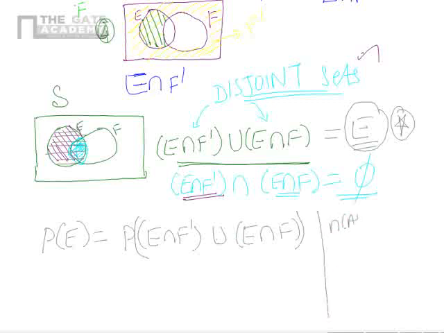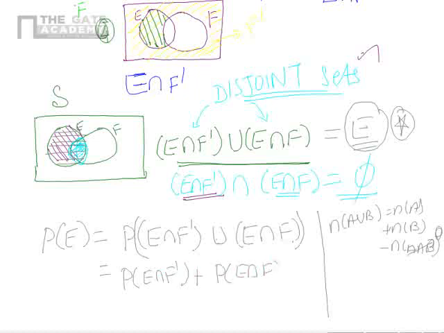N of A union B is nothing but N of A plus N of B minus N of A intersection B. Suppose A and B are disjoint sets, this will become 0. Correct? If they are disjoint sets. Now what about E intersection F complement and E intersection F? Both are disjoint sets. So this will become nothing but probability of E intersection F complement plus probability of E intersection F, because the two are disjoint sets.